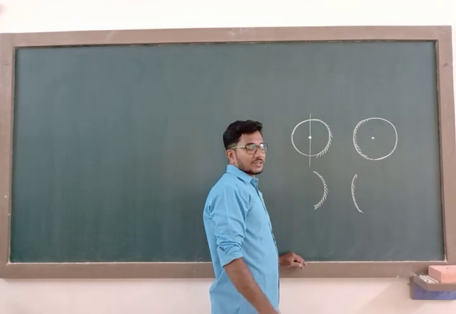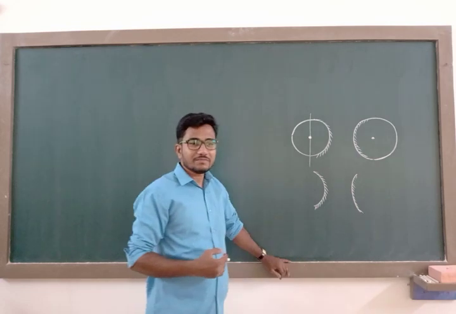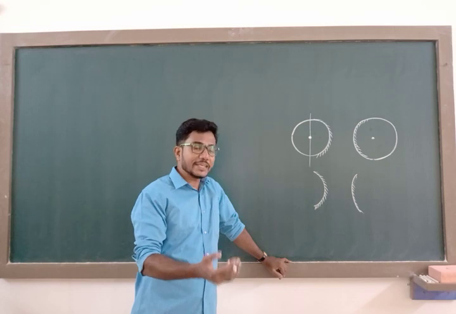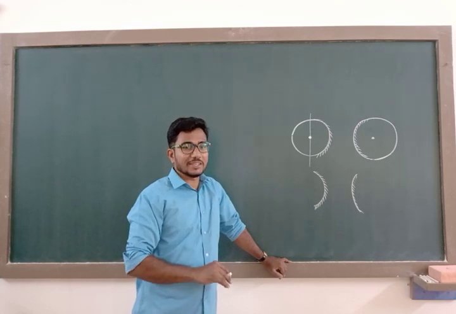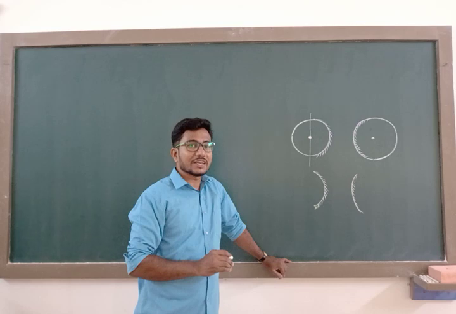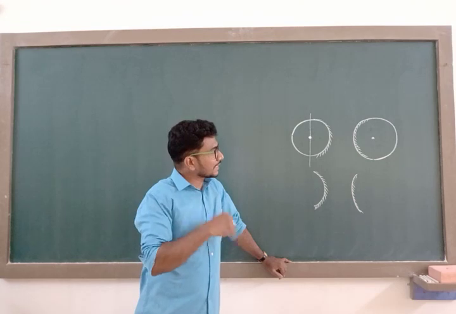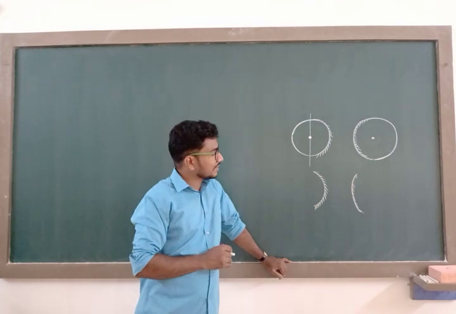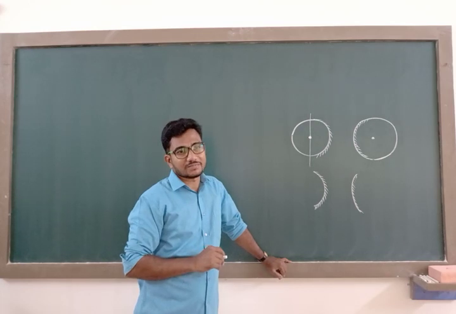Depending upon this, we are going to categorize spherical mirrors into two types. If the reflecting surface is near to the center of the sphere of which the given spherical mirror forms a part, that mirror is known as concave spherical mirror. If the reflecting surface is away from the center of the sphere, then such a spherical mirror is known as convex spherical mirror.